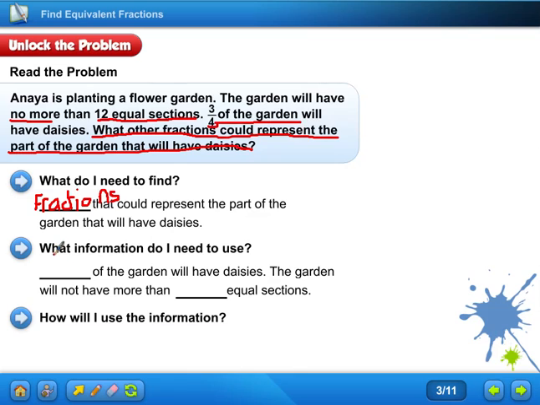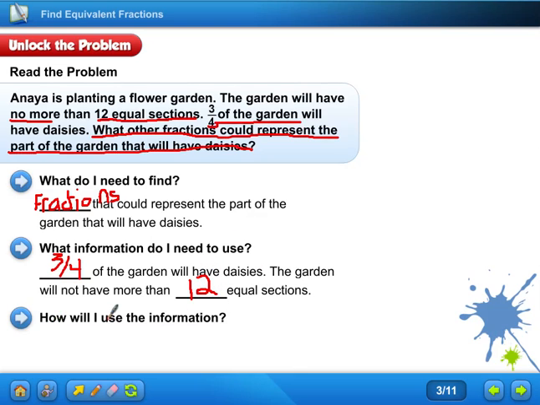How much of the garden? 3/4 of the garden will have daisies. The garden will not have more than blank equal sections. I already got the information right here, 12.